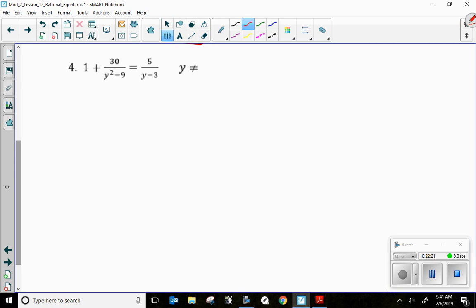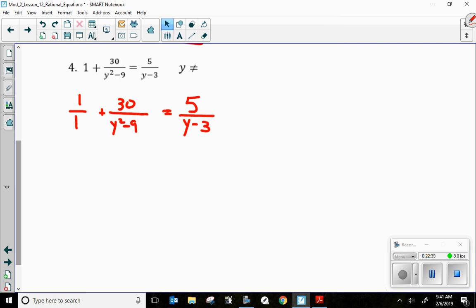Okay, I'll rewrite this. 1 over 1, I'm going to make that a fraction, plus 30 over y squared minus 9 equals 5 over y minus 3. Okay, I know that y squared minus 9 is a DOPS. It's a difference of perfect squares. I know this is y minus 3 times y plus 3. Okay, that takes the place of the bottom.